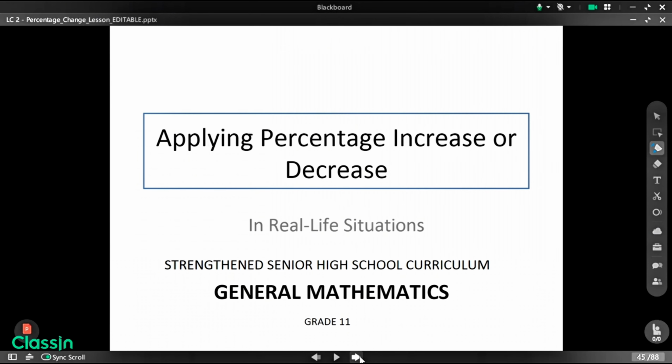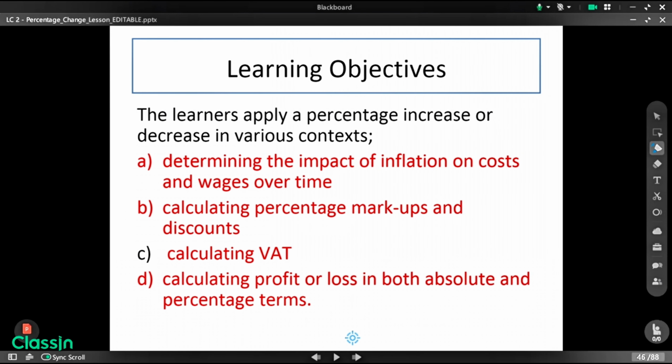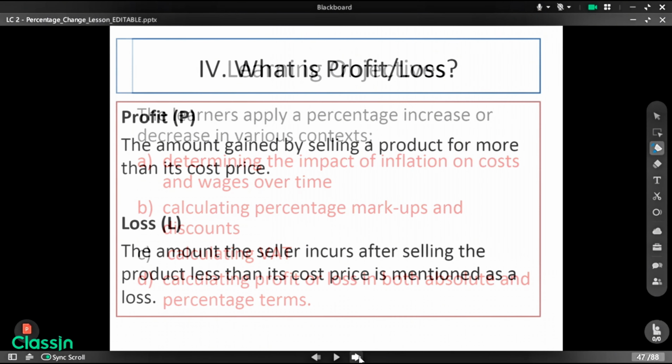So again, this is General Math under the new senior high school curriculum. Our objective for today is to calculate profit or loss in both absolute and percentage terms.